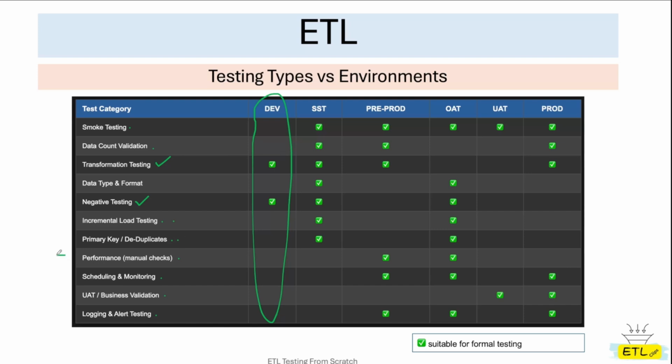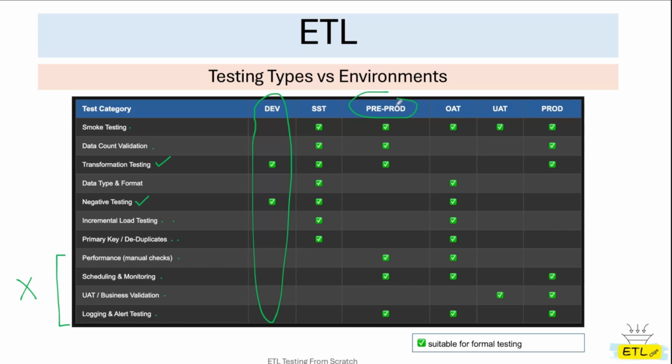And what we don't do is this. We don't do this in SST because the SST environment is not designed for handling more load. So performance testing you cannot do there, and it is not, of course, designed for UAT and logging and alert mechanism.